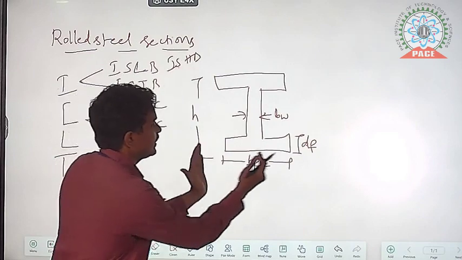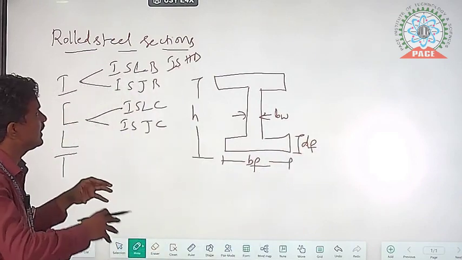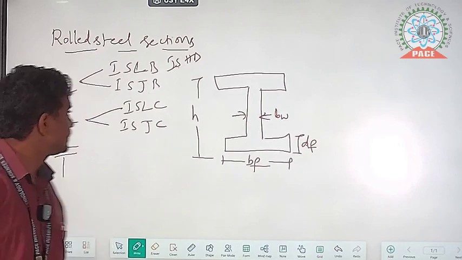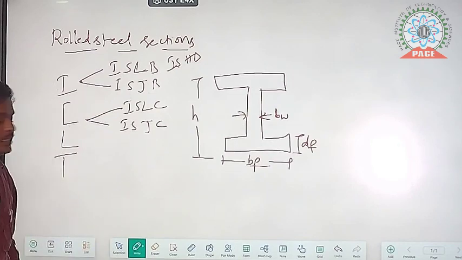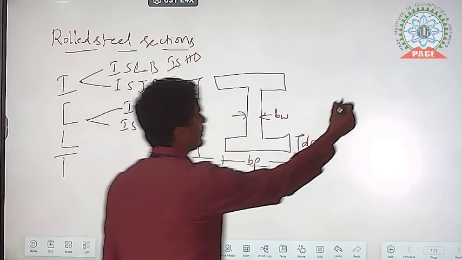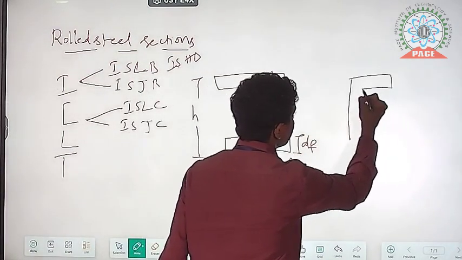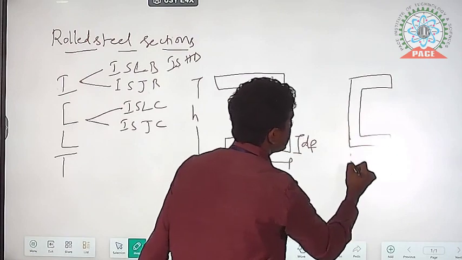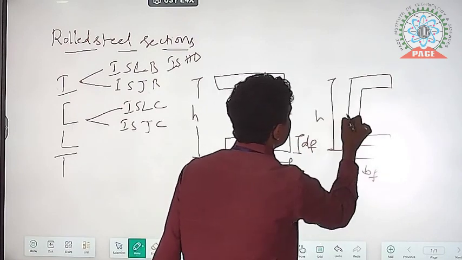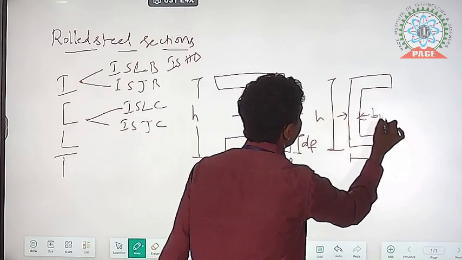And next one, channel also there. Different types of channels are available. Channel means, for example, this one. This is the channel section. This is also the breadth of the flange. This is the height, and then this is the breadth of the web, and then this is the thickness of the flange.